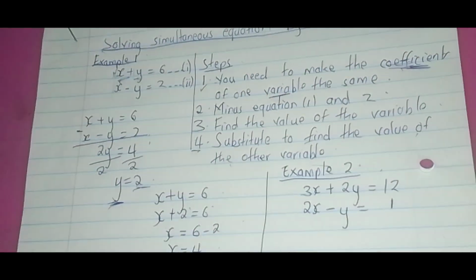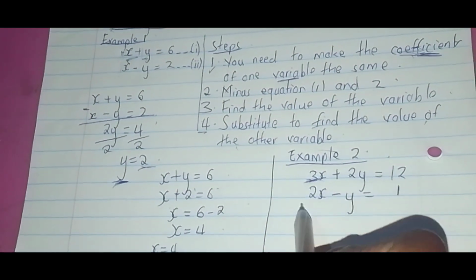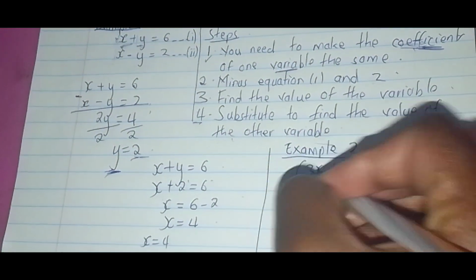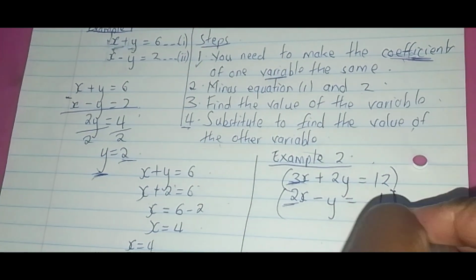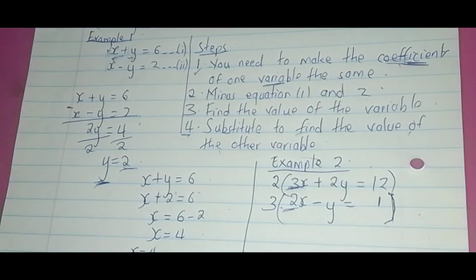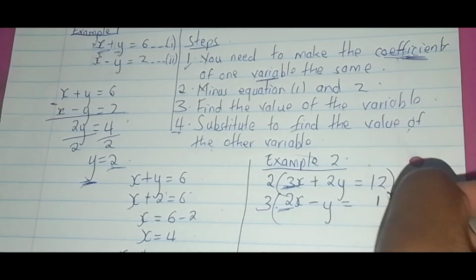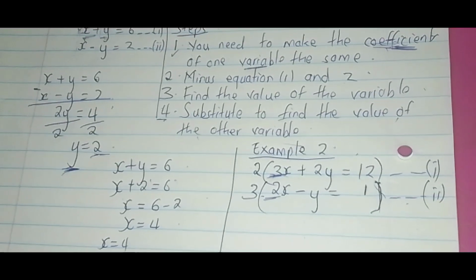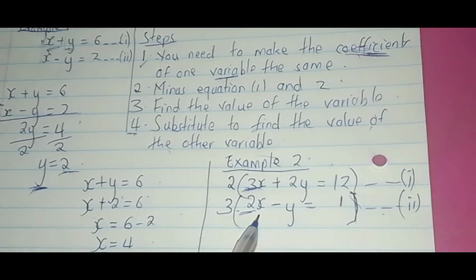That's our first step. As you can see, the coefficients of the x variable are different. So in order to make them the same, we will need to multiply here by 2, then here by 3, so that it can be 6 for equation 1, and it can be 6 for the second equation.